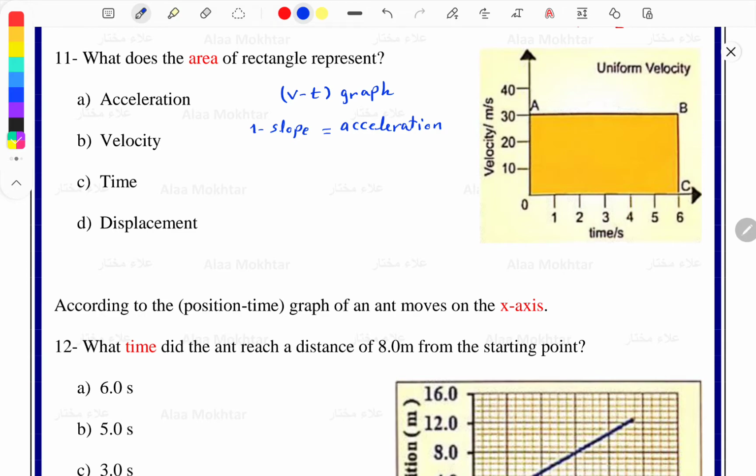If I calculate the slope for this graph, it will be acceleration. The second, what about area? Area under the graph equals displacement. So he asked what the area of the rectangle equals. It equals displacement. Why? Because it is a velocity time graph. Okay?